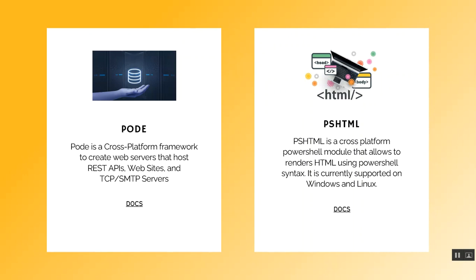You can do it using PSHTML with ease. Pode is going to help me build the HTTP server, and I can host my endpoint routes. Both are cross-platform, supported on both Windows and Linux. Lucky us, since it's cross-platform, we can use it in container apps, because container apps support only Linux images.